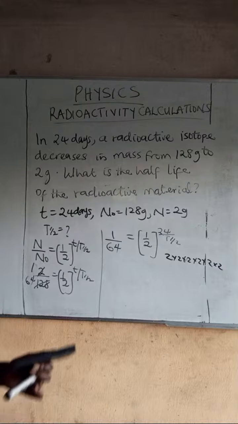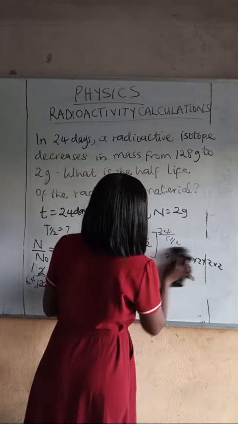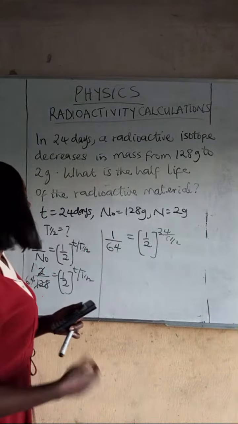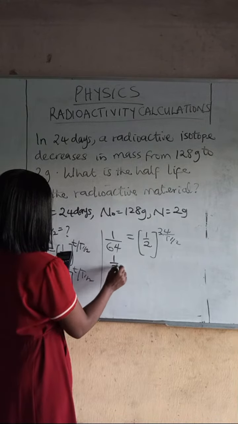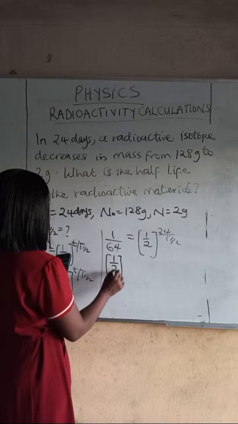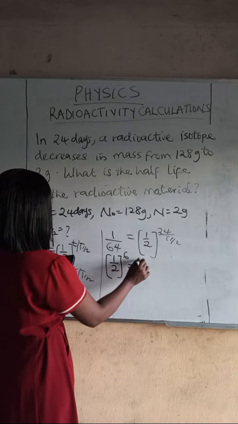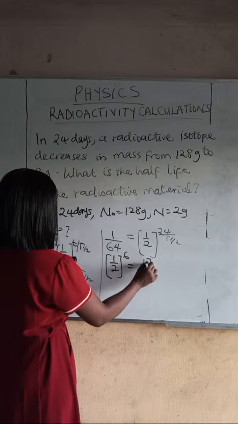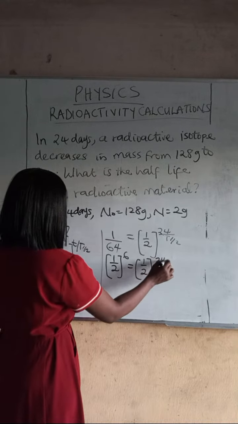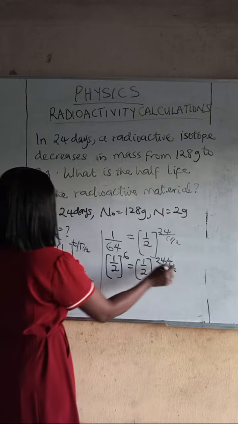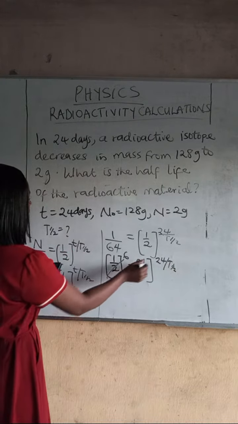So we have 2 raised to the power of 4. So I have 1 over 2 raised to the power of 4 is equal to 1 over 2 raised to the power of 24 over T half, right? This cancels this.